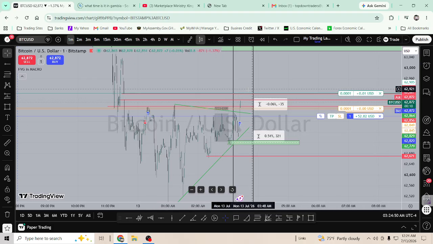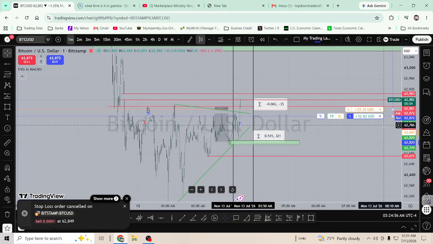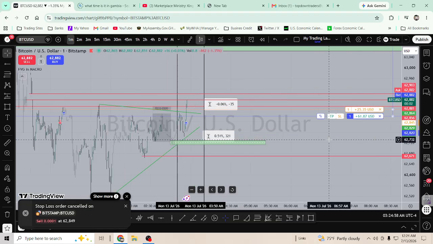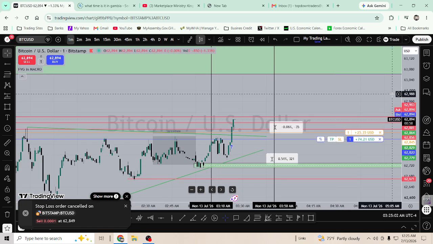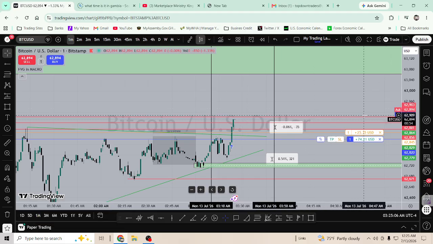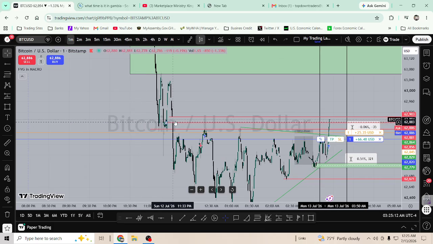It's what I'm looking for. This area, 62,903,100. Just as I predicted.